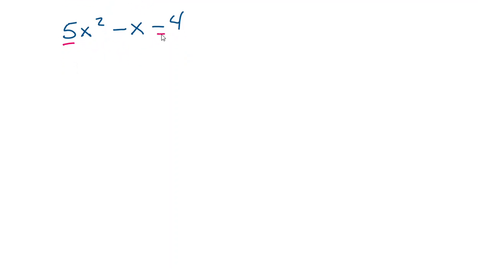5 times negative 4 is negative 20. Factoring that, we get negative 1 times 20, negative 2 times 10, negative 3, nope, 4, yeah, 4 times 5, and we can see that that's it.